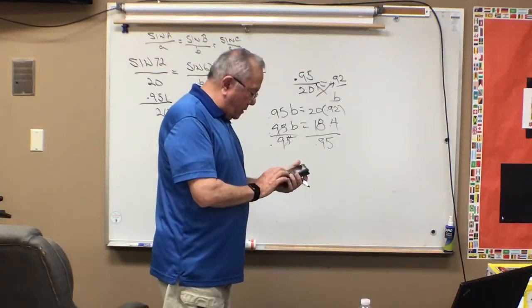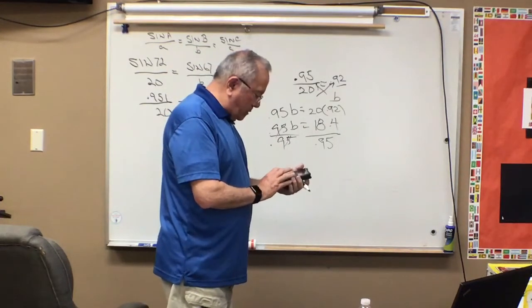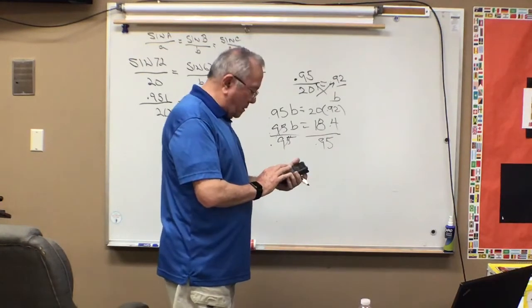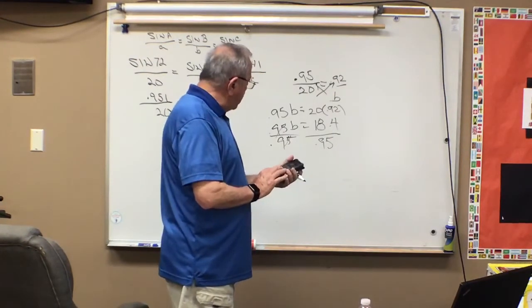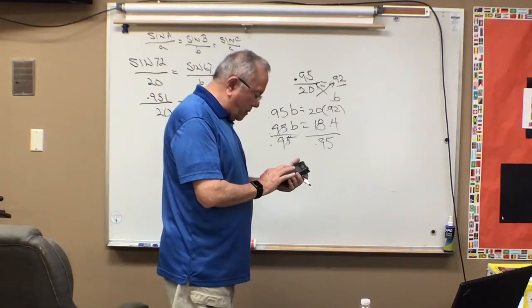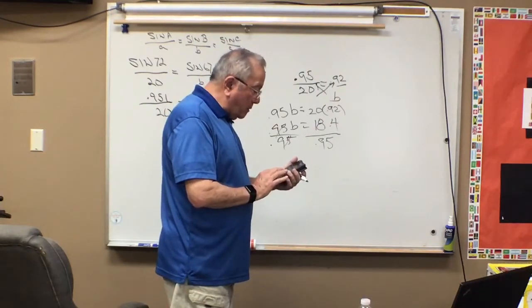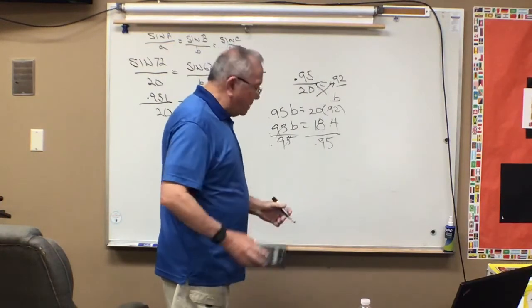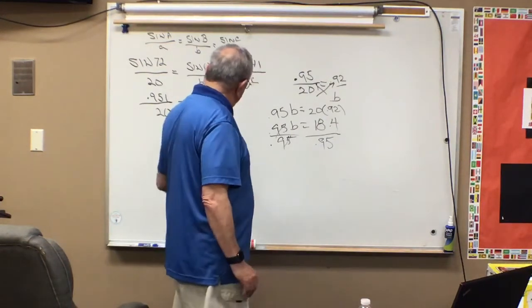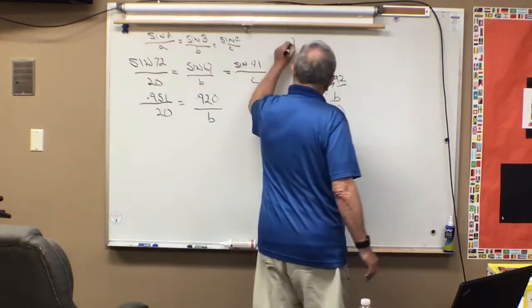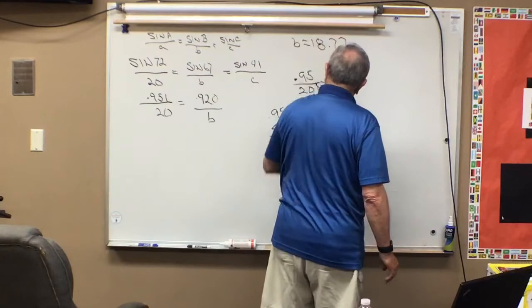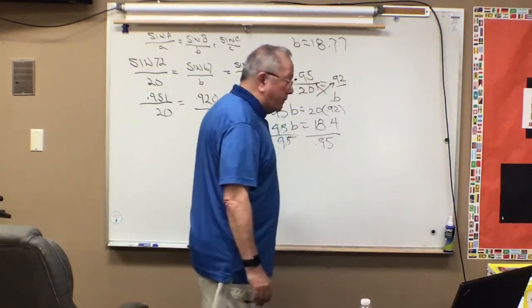So now I just take 18.4 and divide it by 0.95, and I get 18.77. So I know that B is 18.77, isn't it? So we got that done, don't we?